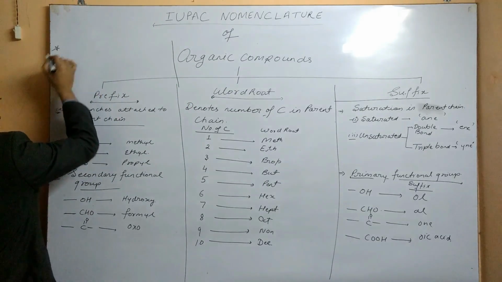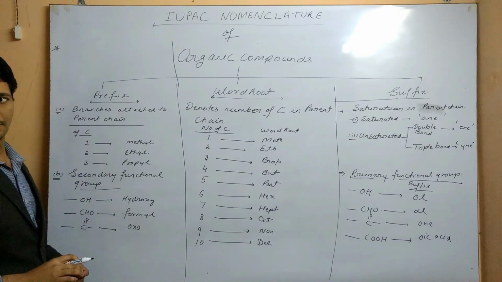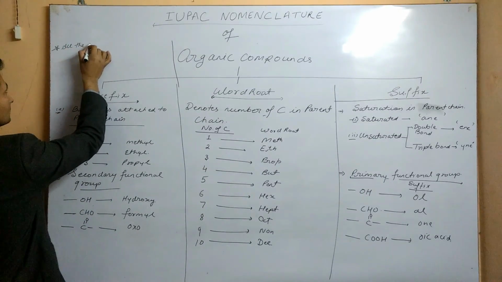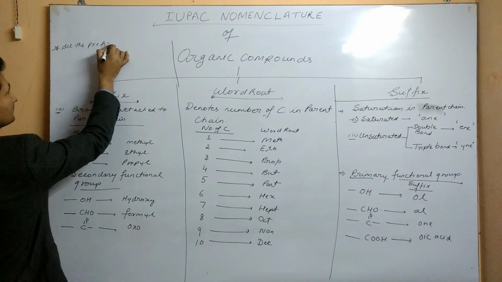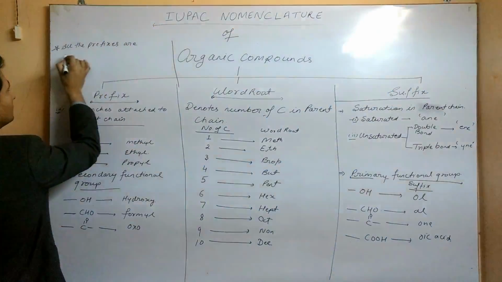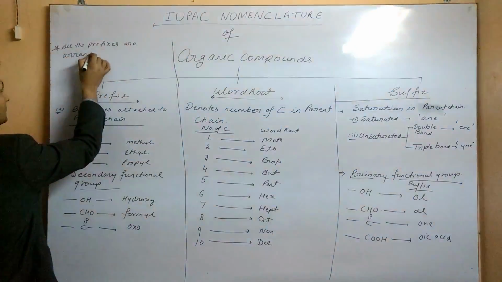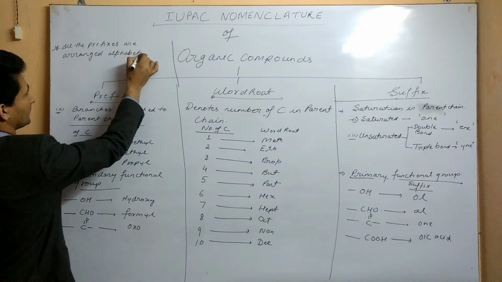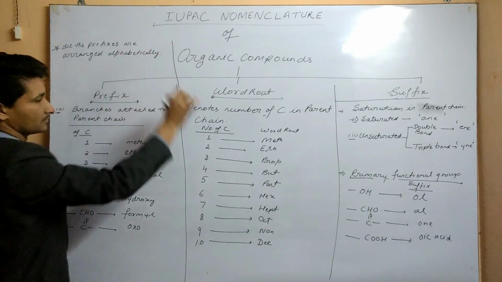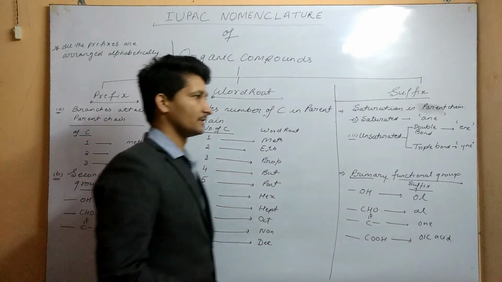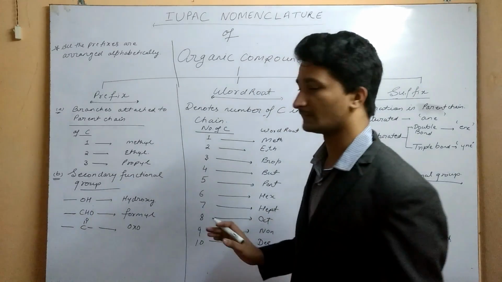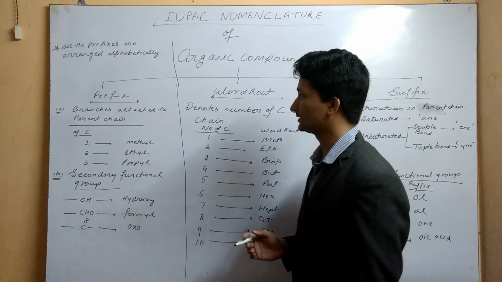Okay. So now note down all these things, but before noting down, remember one more thing, star mark. All the prefixes are arranged alphabetically. Okay, all the prefixes will be arranged alphabetically. This we will see when I discuss the examples.